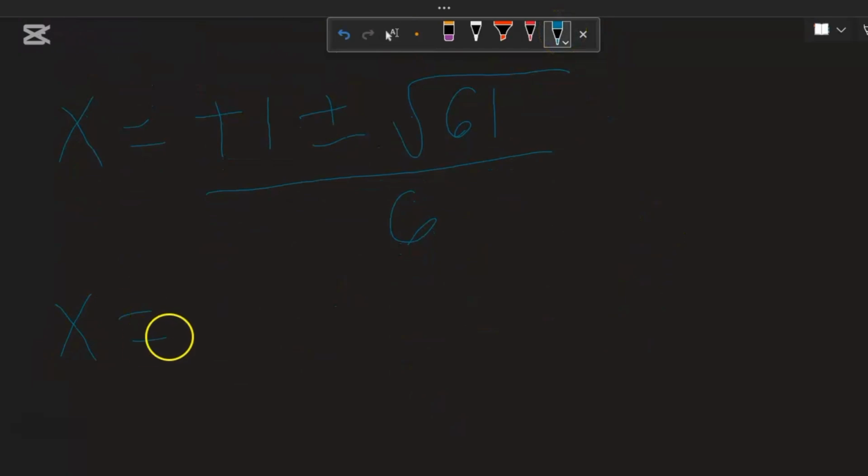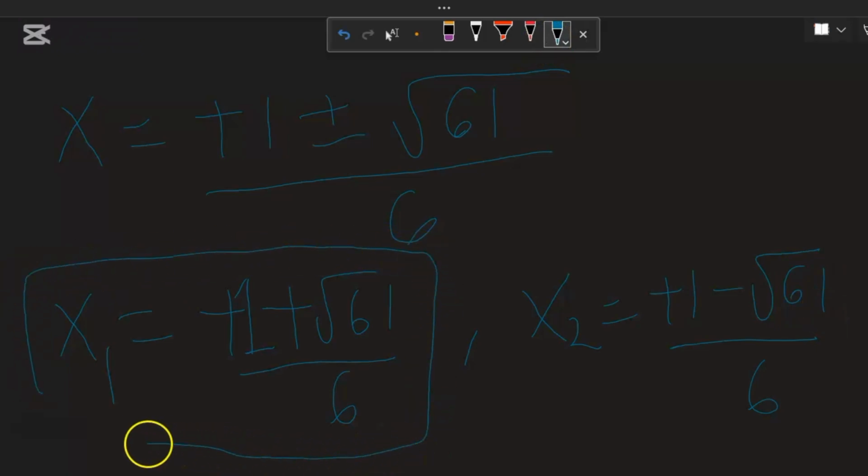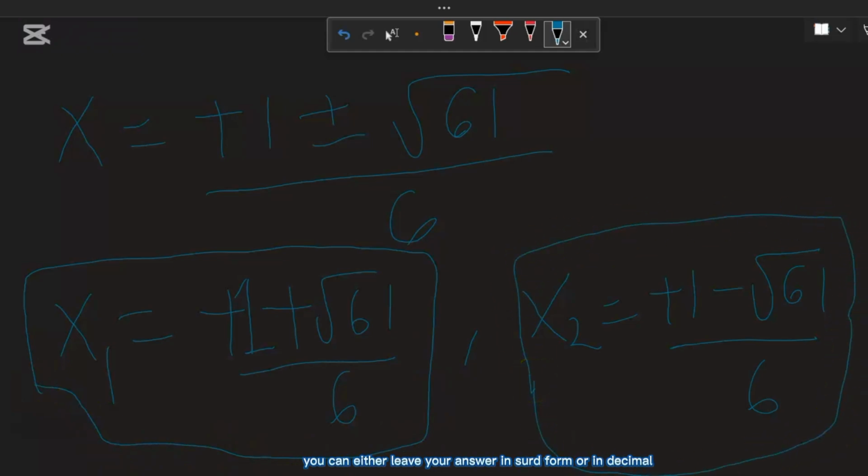So x equals 1 plus root 61 over 6. Remember, this is x sub 1. Then x sub 2 will be 1 minus root 61 over 6. 61 is not a perfect square, so this is the value of our x1 and x2.